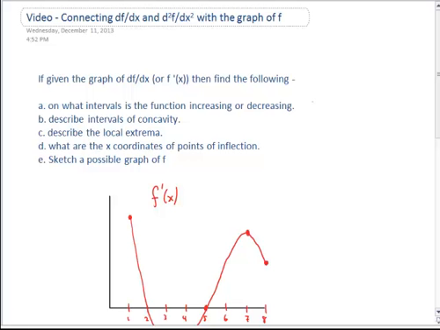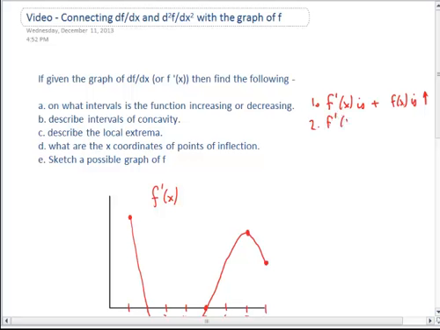A couple rules first. First rule: when f prime of x is positive, f of x is increasing. And the second rule is a converse: f prime of x is negative, f of x is decreasing.